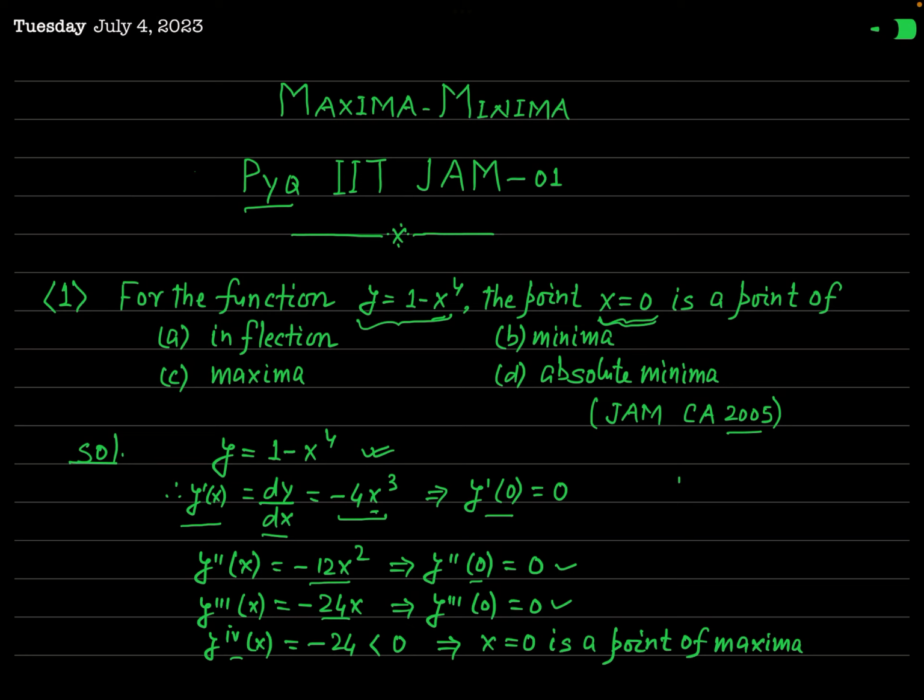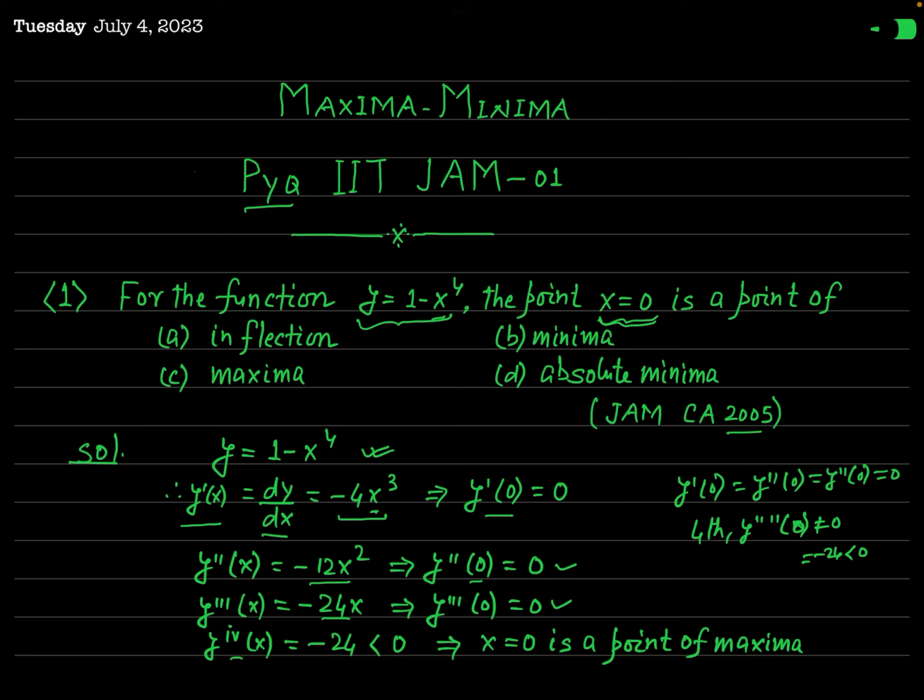So you can see that y dash of 0, y double dash of 0, y triple dash of 0, all these are 0. But the fourth order derivative at 0 is not equal to 0, it is equal to minus 24, which is less than 0.